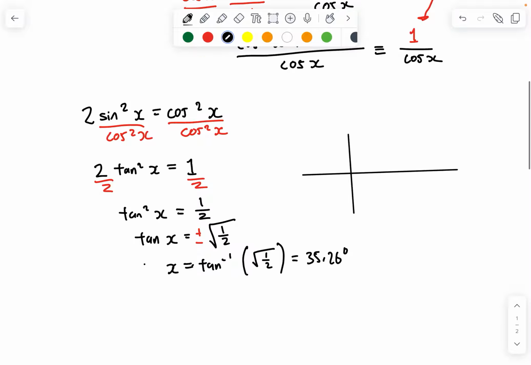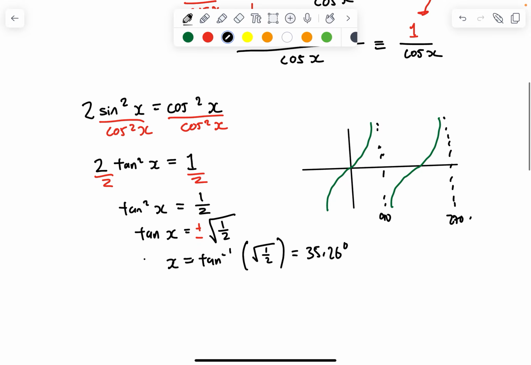Now, if you imagine, if I draw my graph of tan, the tan graph does this through 0, and then at 90 degrees we have an asymptote, and then we have the same graph, and then at 270 we have another graph. So at 180 our graph goes through 0.